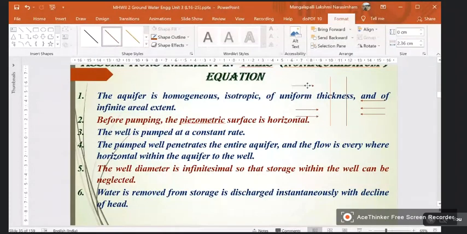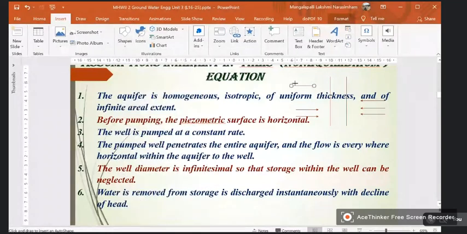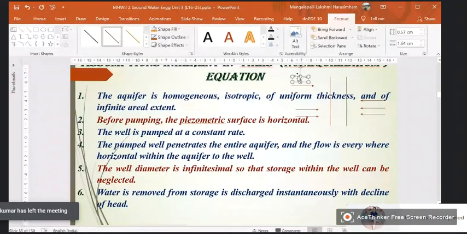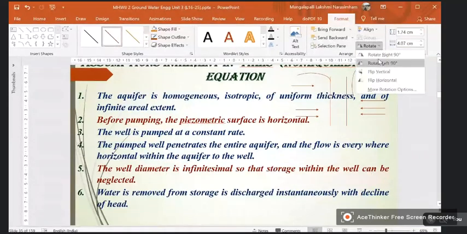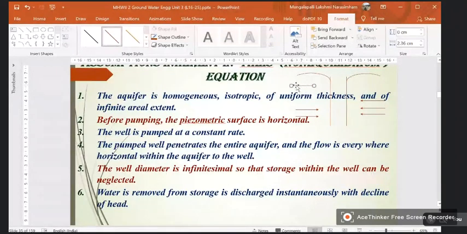That means although your cone of depression is something like this, so this is your cone of depression.